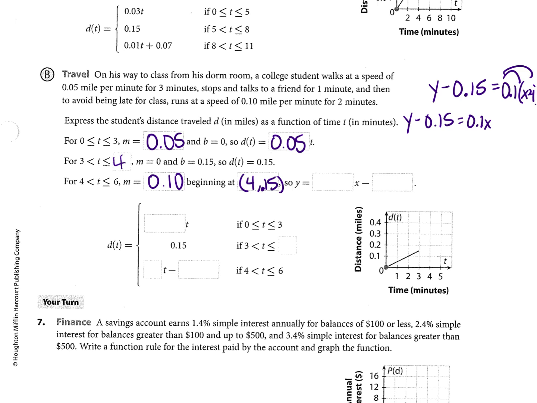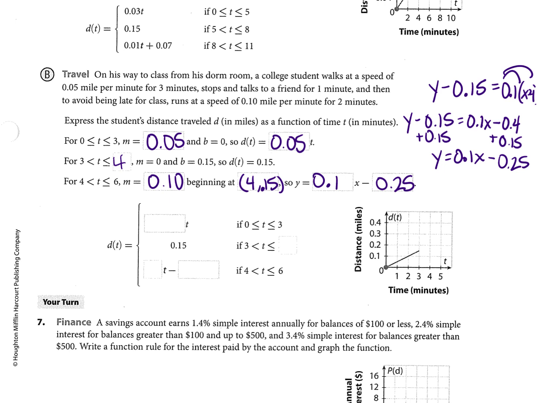And then 0.1 times negative 4 is going to be negative 0.4. Then we add the piece to the other side. We have y equals 0.1x. And if we have negative 0.4 and we add 0.15, we get negative 0.25. So y equals 0.1x minus 0.25.